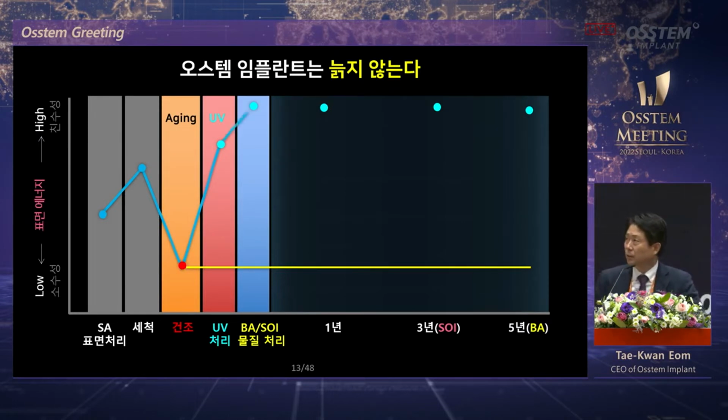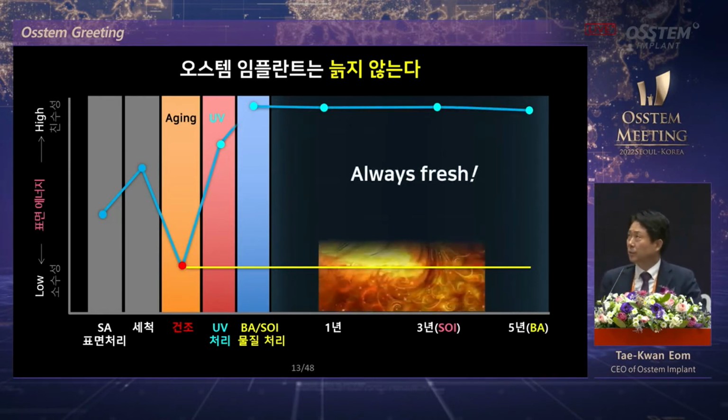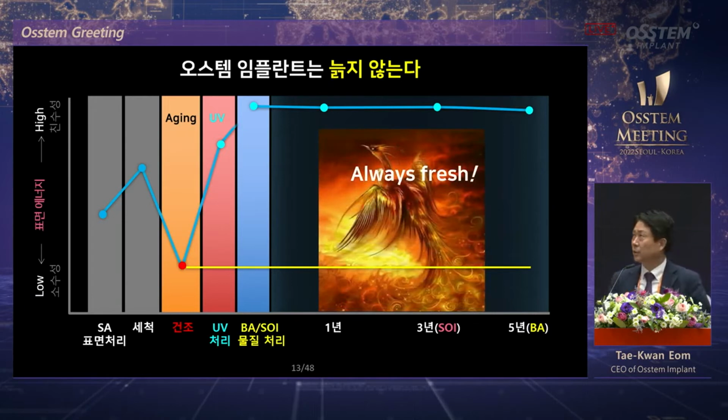So with the BA and soy, we could achieve unexpected effect, which is a material effect. Based on large animals, it goes up to 10%, so 30% of increase is achieved. So aging doesn't occur for 5 years. So always fresh is our slogan.